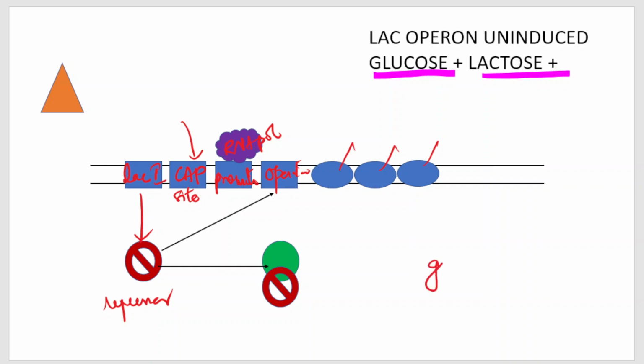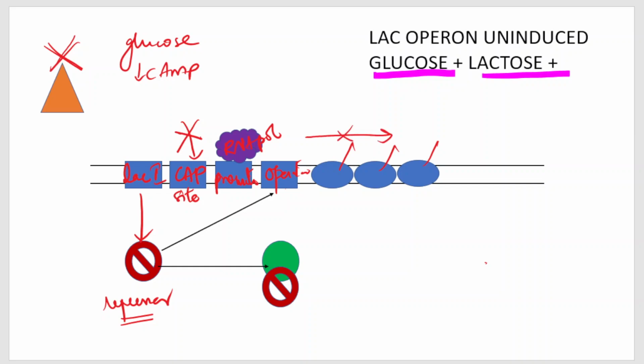So glucose is present, and if glucose is present, then our cyclic AMP levels are less. There is no cyclic AMP to bind to the CAP protein, so that cannot bind to the CAP site. Now the repressor which is formed can either go and block the operator site and inhibit the transcription of genes, or there is the presence of lactose.